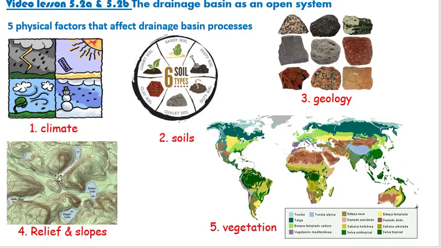So again, try and link it to inputs, processes and outputs if possible. And the last one is the type and amount of vegetation, and I've put this world map of different biomes just to show that we've got different types of vegetation. So that's a bit trickier, but you could have a think about how that links in as well. All right.